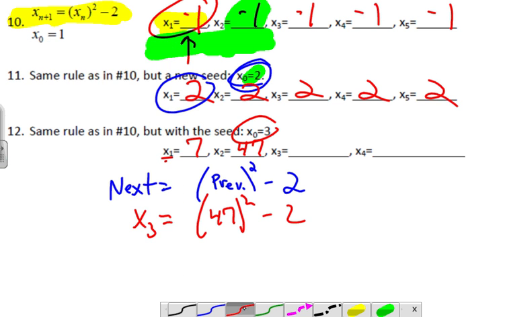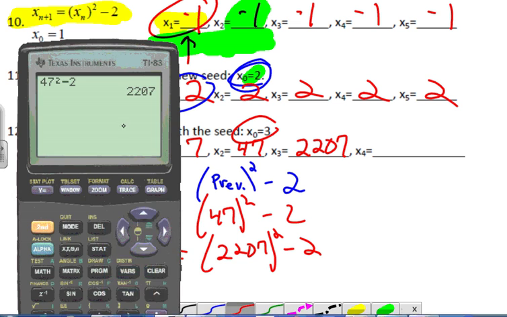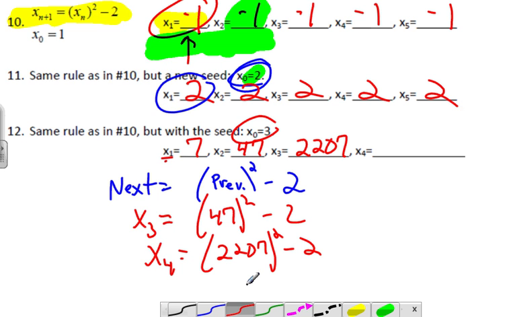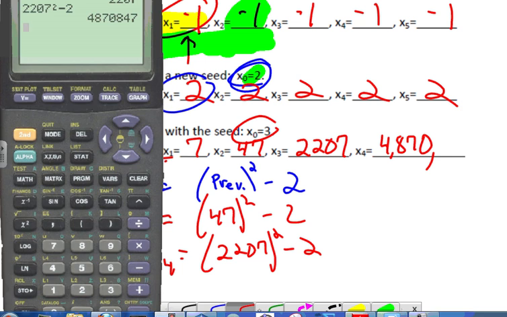2,207. And when we do the fourth iteration, we do the third iteration, squared minus 2, or 4,870,847.